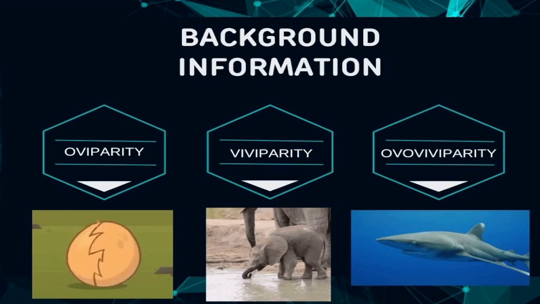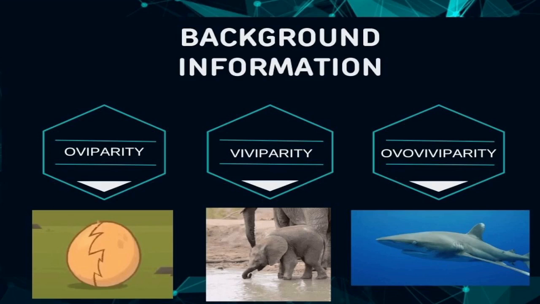So what's the difference between oviparity and viviparity? Keep in mind, oviparity says the female lays the egg and the development takes place externally, while viviparity says that the female develops the embryo within her body and gives birth to the young one. So that's the major difference.